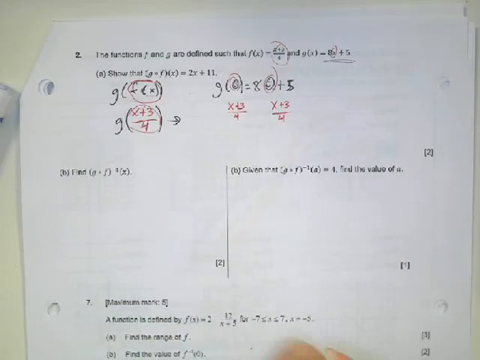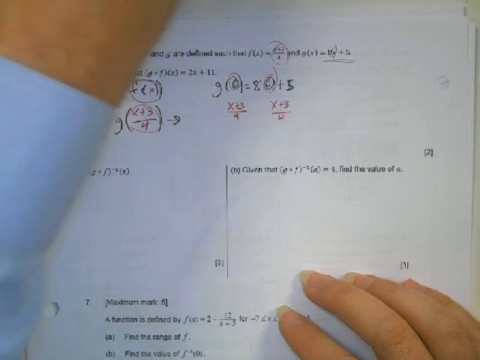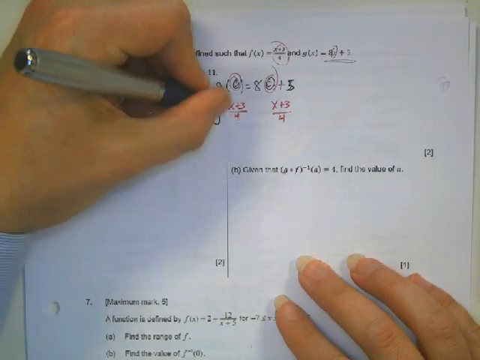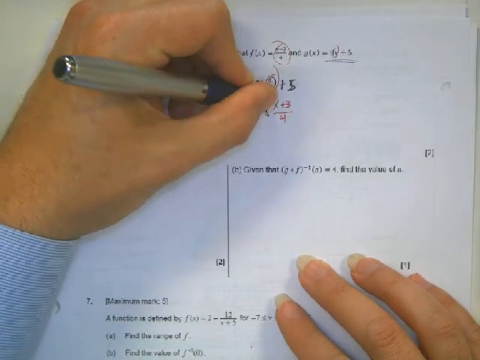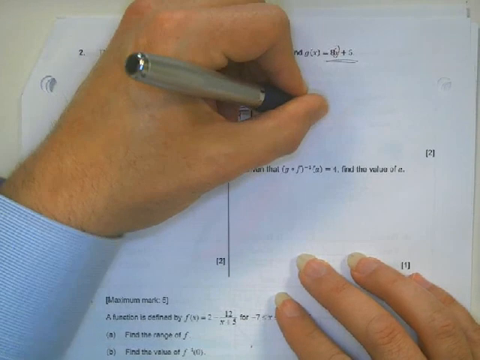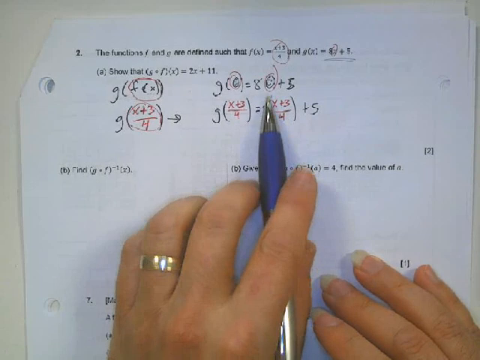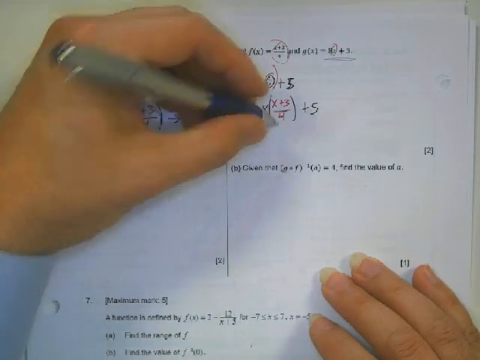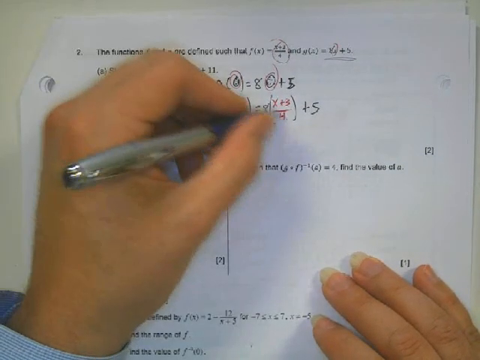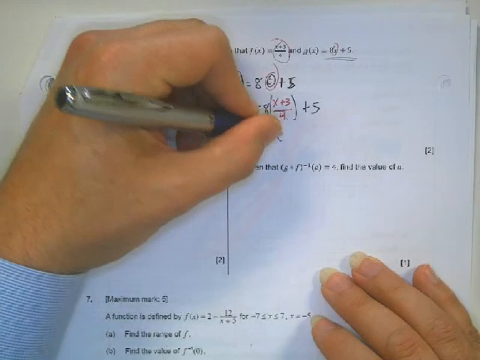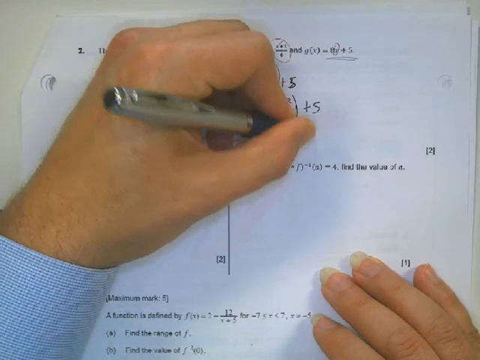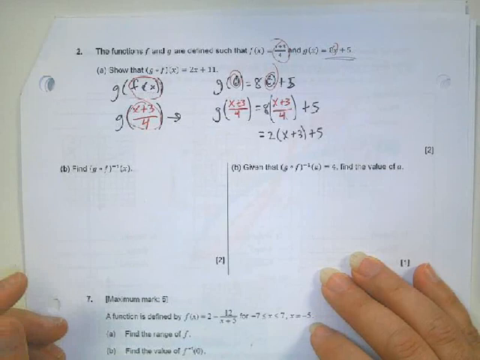So I've got 8 times the red stuff plus 5. So we can simplify this because 8 goes into 4 twice. And then I can do the distributive property.